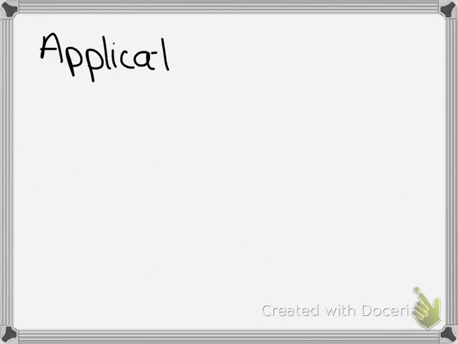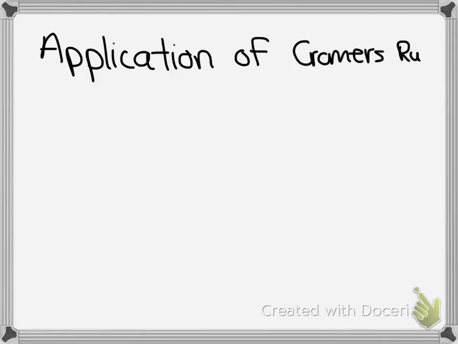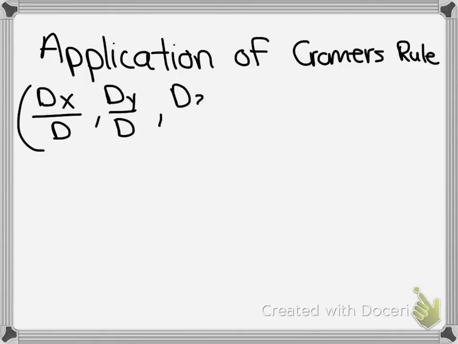Now we apply Cramer's rule. Cramer's rule says that the ordered triple is going to be d of x over d, comma, d of y over d, and d of z over d.